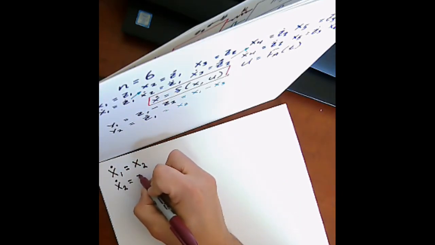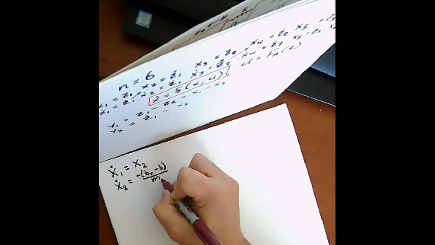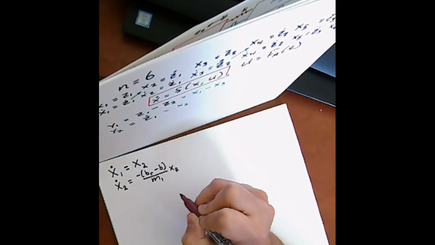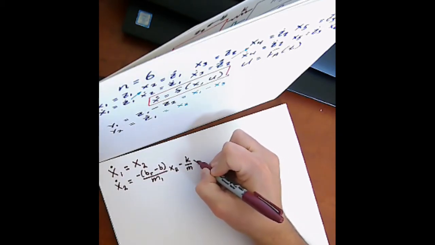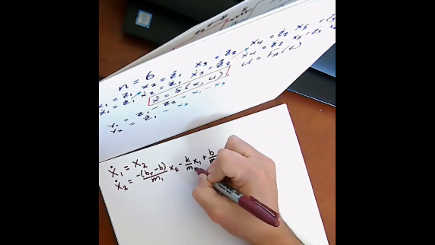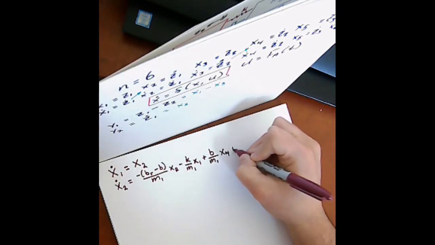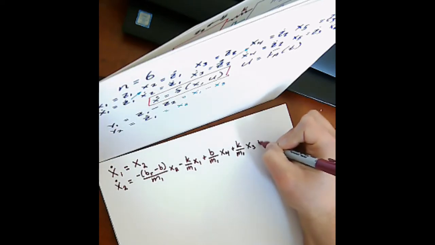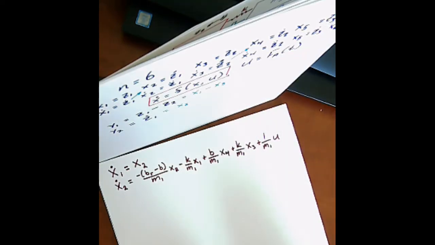That's going to be equal to negative quantity B_R minus B over M1 times X2, minus K over M1 X1, plus B over M1 X4 (these are all M1s, I apologize), plus K over M1 X3, plus 1 over M1 times U.